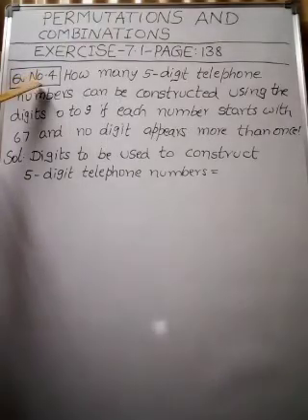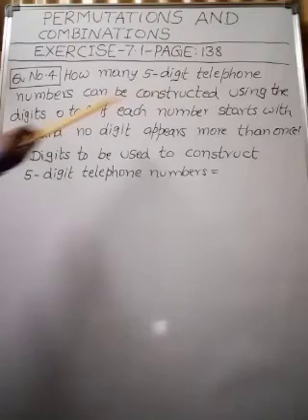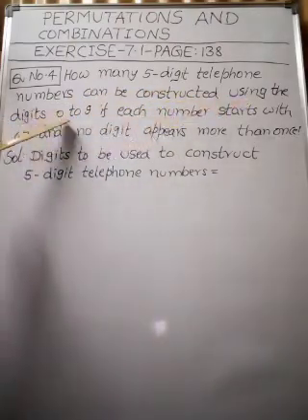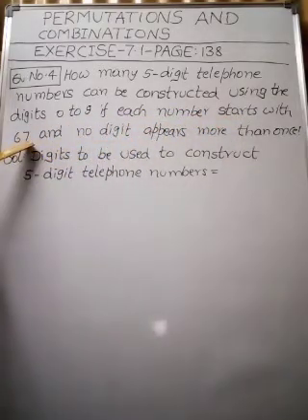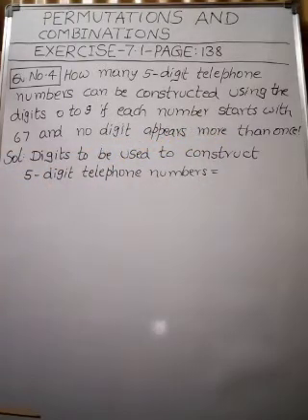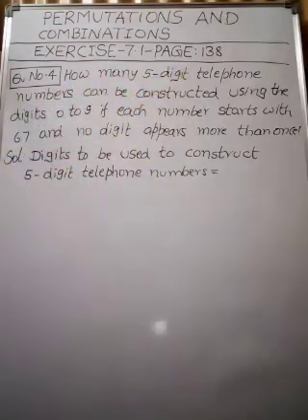Now come to the next question, that is question number 4. How many 5-digit telephone numbers can be constructed using the digits 0 to 9 if each number starts with 67 and no digit appears more than once? Understood this question, my children? Here we have to write 5-digit telephone numbers.